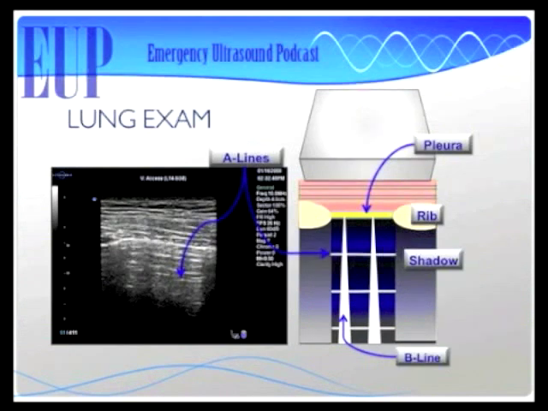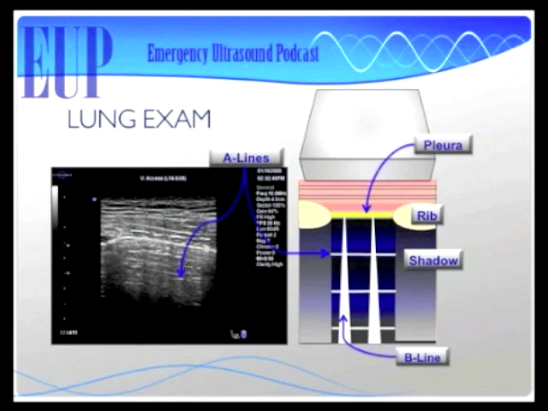Let's make sure we got this straight. I take the linear ultrasound probe and put it in a sagittal plane on the patient's chest. Now, I'm going to look under the pleural line, which is that bright hyperechoic line running under the ribs, and assess for the presence of A lines and B lines. An A line, according to Lichtenstein, is a horizontal artifact that indicates a normal lung surface.